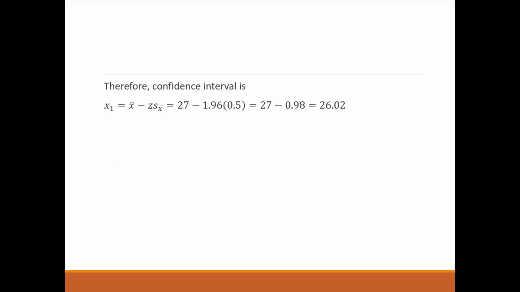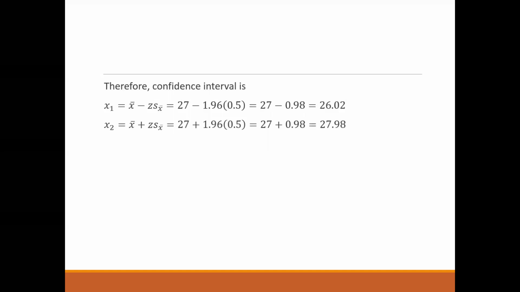That is my x1. And similarly, if I want to find the value of x2, I'll just perform addition instead of subtraction, and I'll get 27.98. Okay, so hence we can say that the estimated population mean, that is the average age of all the workers, mu, will lie between 26.02 and 27.98 at 95% level of confidence.